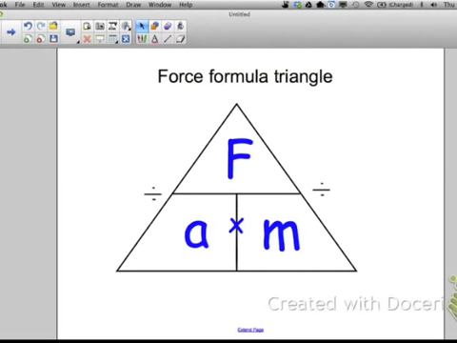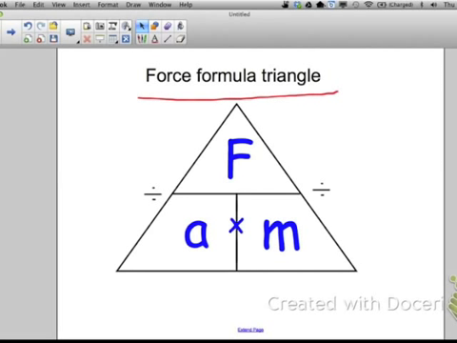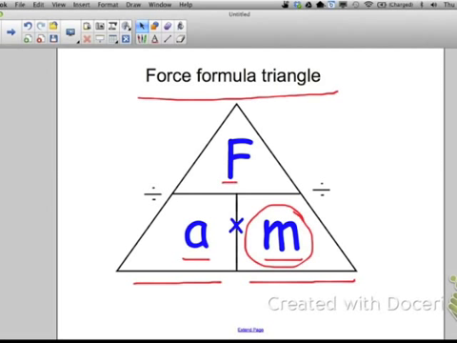Putting this all together, I get what's called the force formula triangle. This is just a quick way for me to remember that I have force up here at the top of the triangle, and then the two bottom parts, A and M. If I'm trying to find the mass, I simply do the force divided by the acceleration.